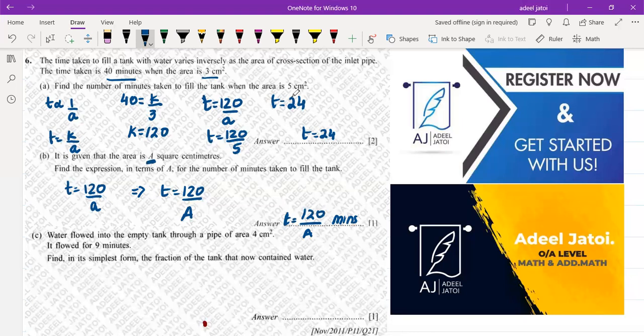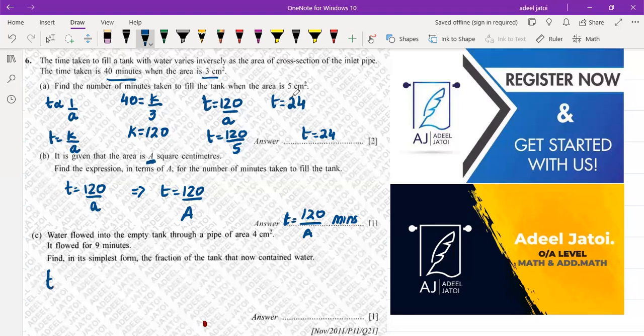Similarly, water flows into the empty tank through a pipe of area 4 centimeter square. It flowed for 9 minutes. Find, in the simplest form, the fraction of the tank that now contained water. So first of all, we need to collect the data: considering that the area is 4, how many minutes would it take for the tank to fill in.